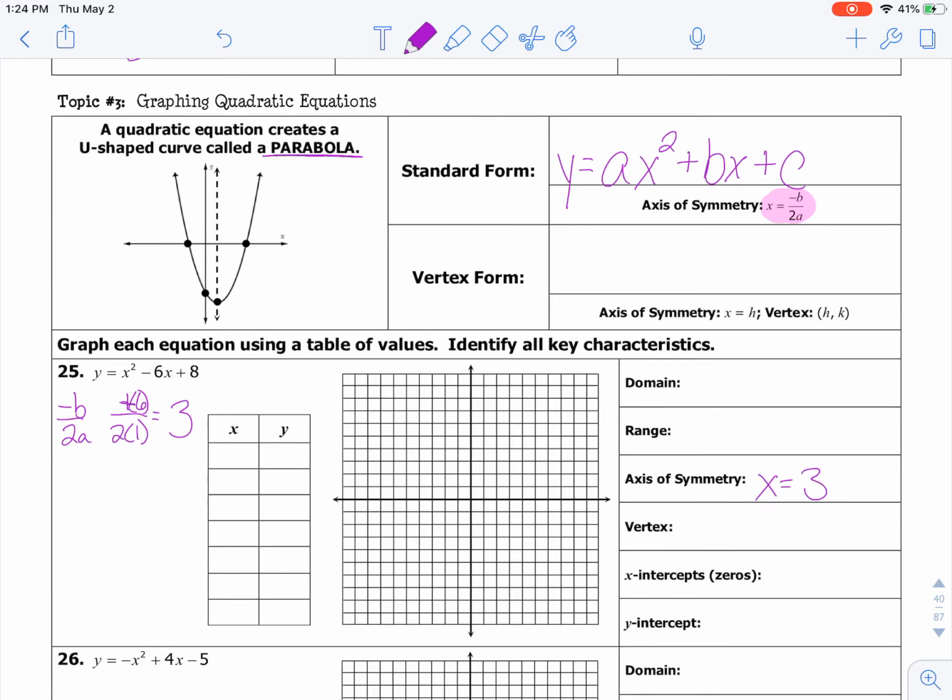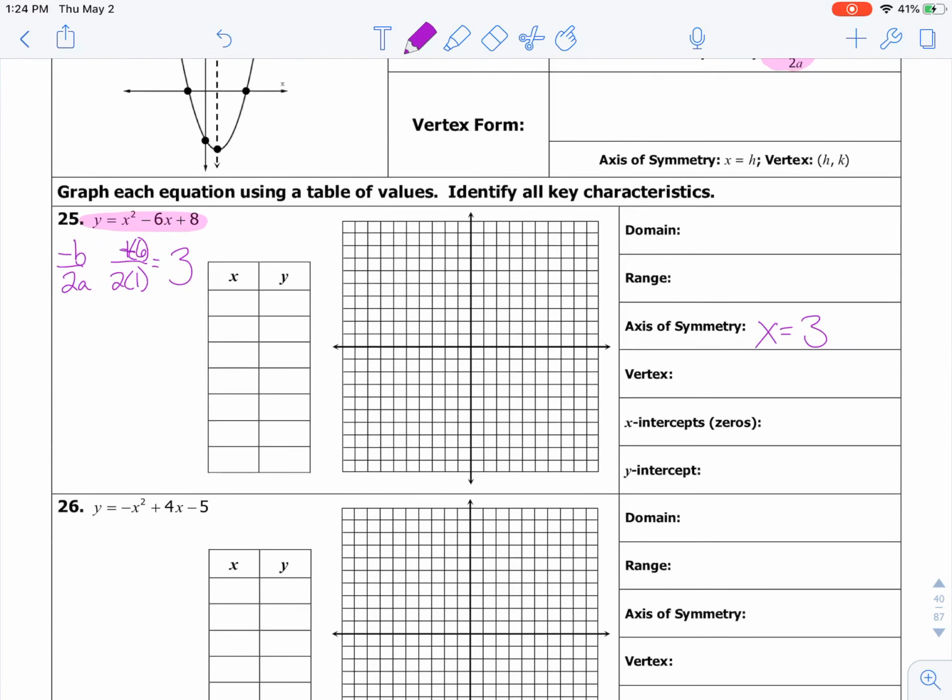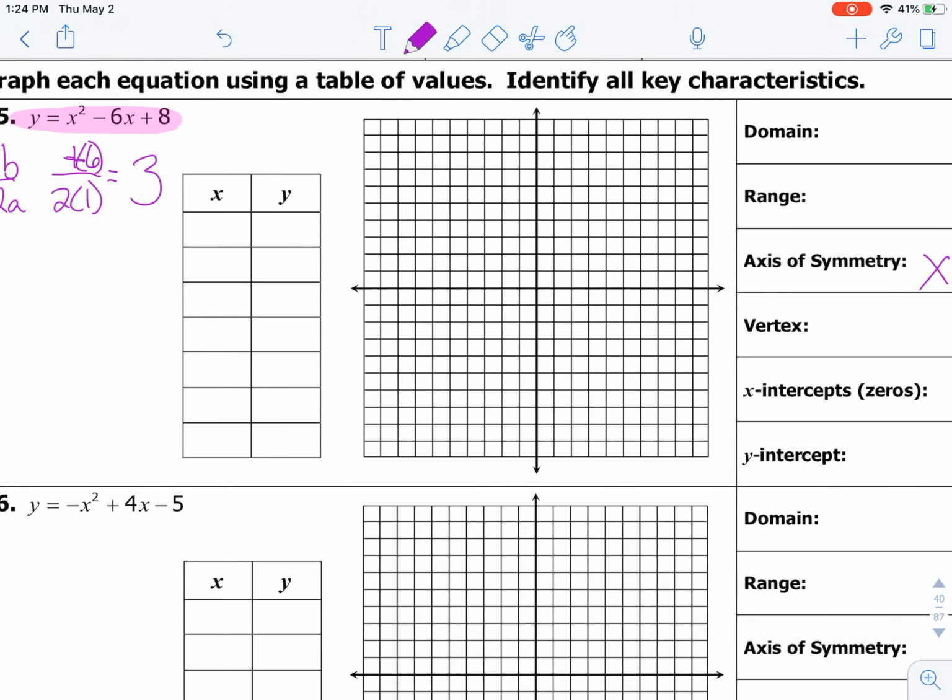The easiest way to do this is to type this information into my calculator. Y equals, as long as my quadratic is in y equals, I can type it in my calculator and I can jump straight to my table. I'm going to do 3 in the middle, because 3 was our axis of symmetry, and then I'm going to work my way out.